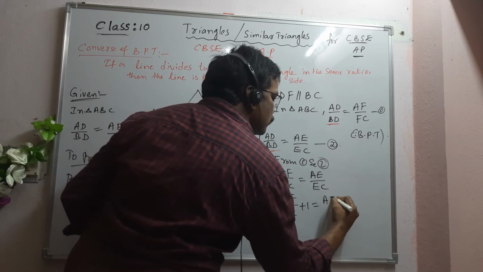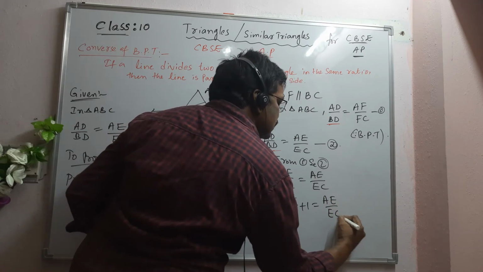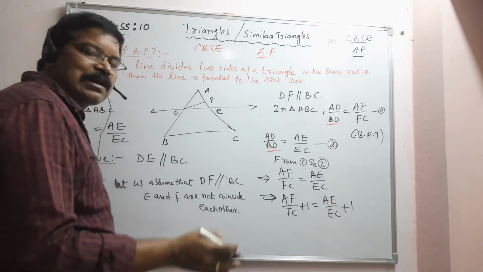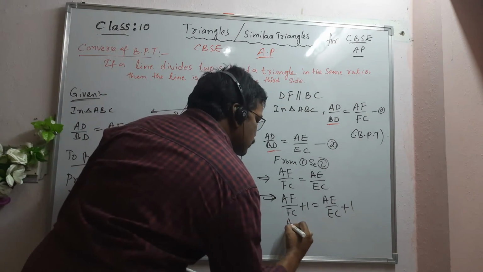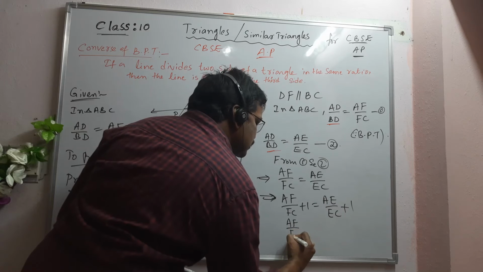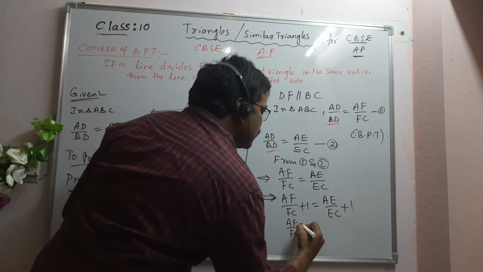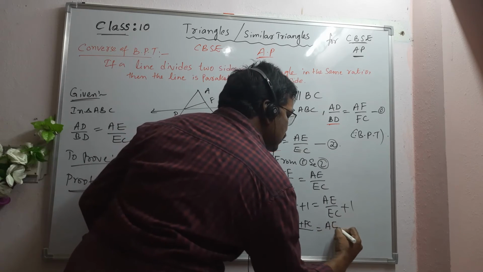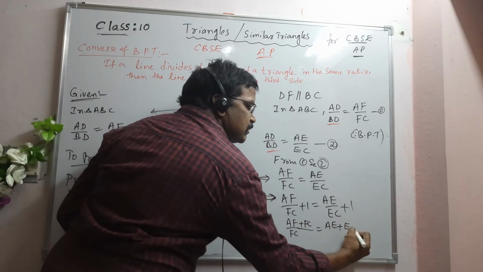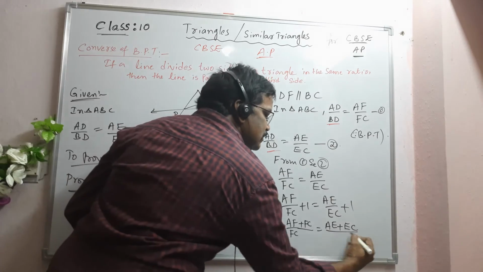AF by FC plus 1 is equal to AE by EC plus 1. So this will become AF plus FC by FC is equal to AE plus EC by EC.